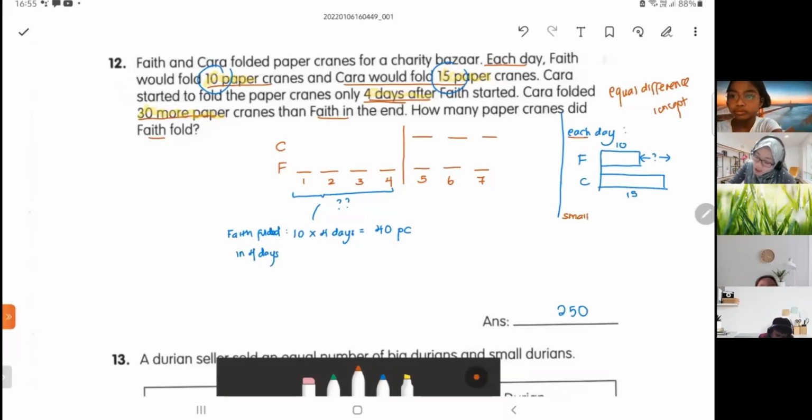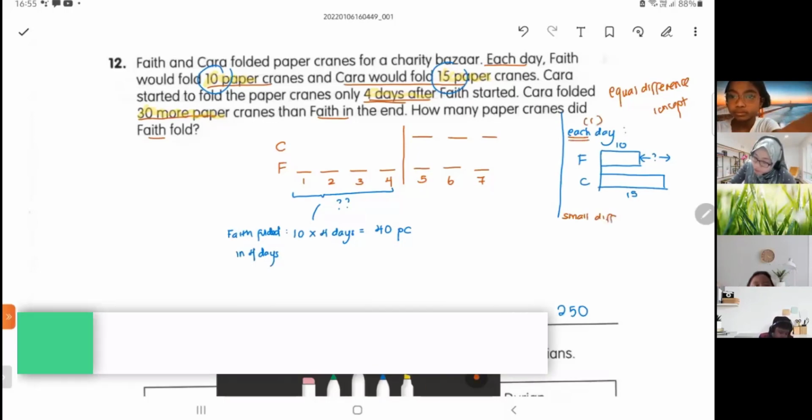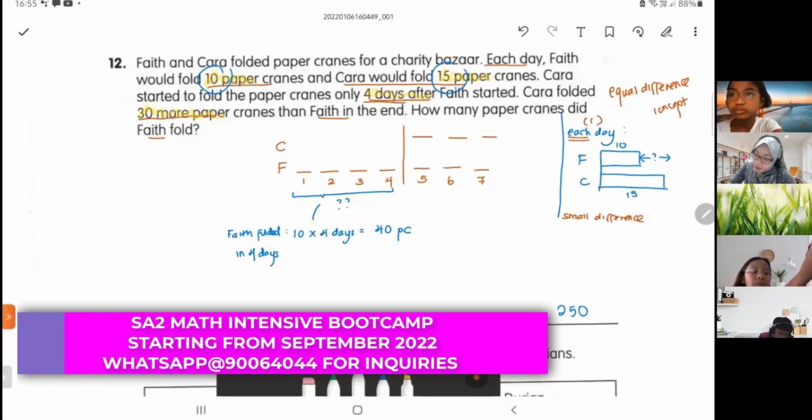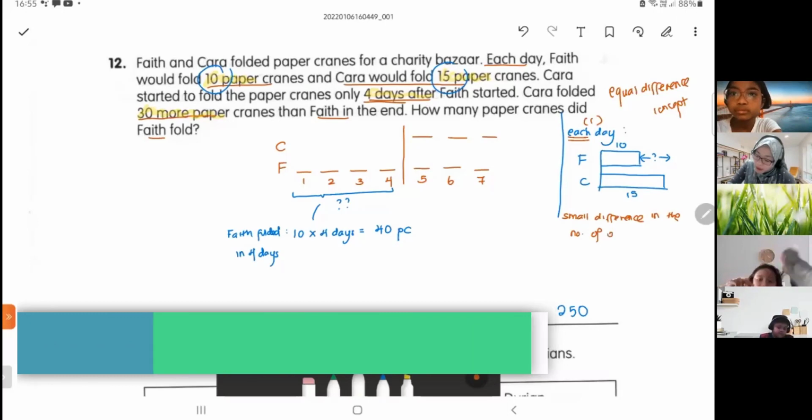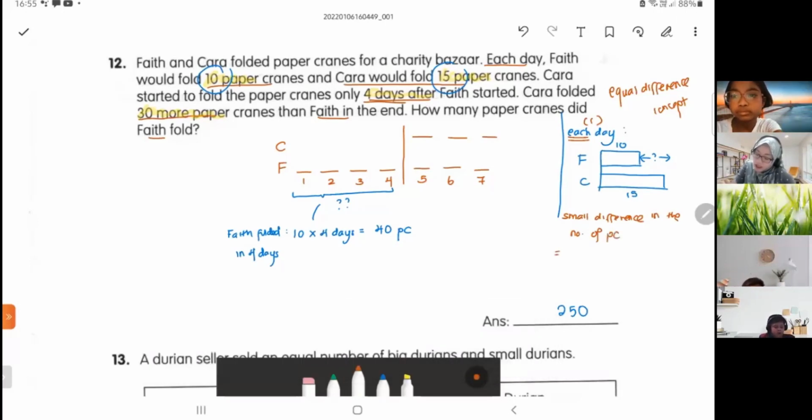Between each day, 1 day is a small difference, the small difference in the number of paper cranes between Faith and Kara each day. So you take 15 minus 10 and I get 5. Okay, so there are 40 paper cranes folded by Faith and there is a difference of 5 paper cranes between the 2 of them per day.